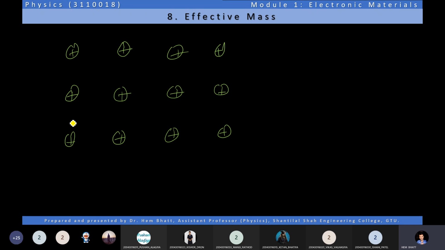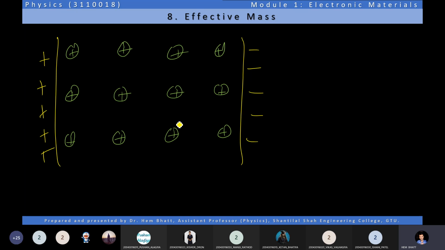So when you connect a battery, suppose you have connected a battery, and then if you look at the electron, consider there is some electron which goes from one position to another position, and we say that force is equal to ma. Force is QE, that is ma.